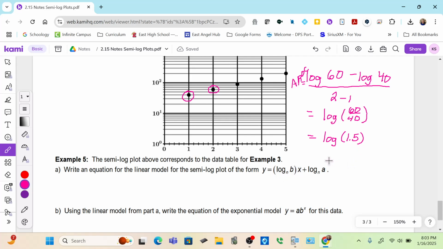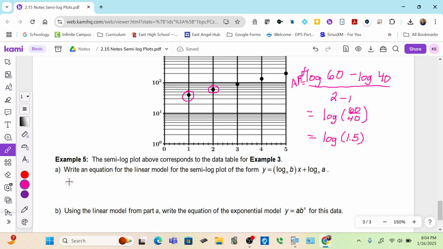Now we also need to find what log base n of a is. Again, I need to use my graph, but I'm also going to use my log base n of b to help me find that log base n of a. So I'm going to go ahead and use the point at 1. So my y value is actually log of 20, 30, 40.